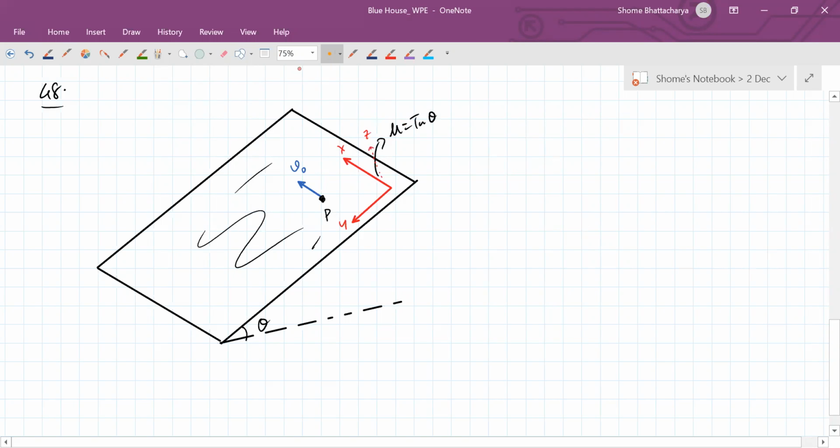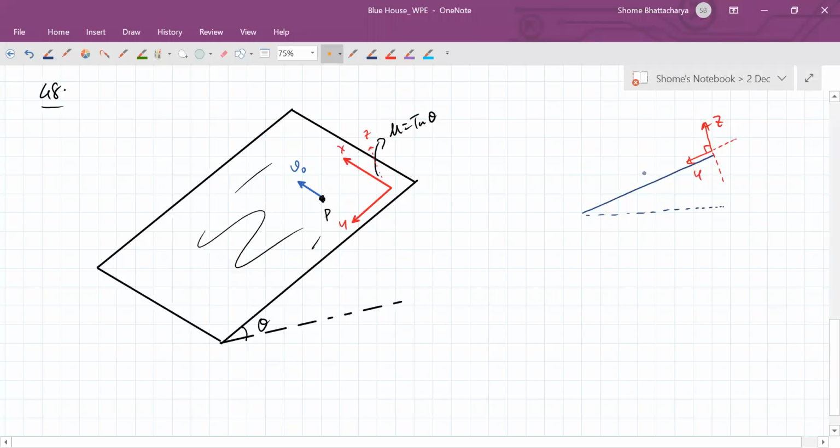Now we'll make a free body diagram of the particle from two different angles. First we will look at the whole thing sideways. So we will look at it like this: this is our y-axis and this is our z-axis, and the x-axis is going into the plane.